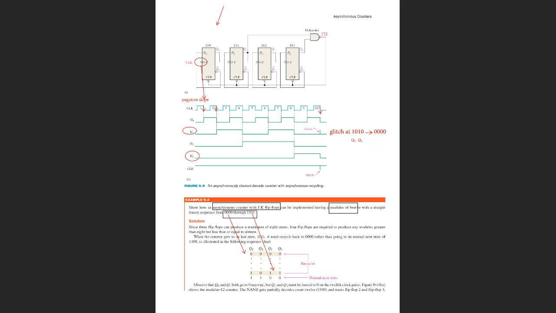What's happening when clock 10 is coming? You may see that we have here a NAND gate connected to Q1 and Q3.